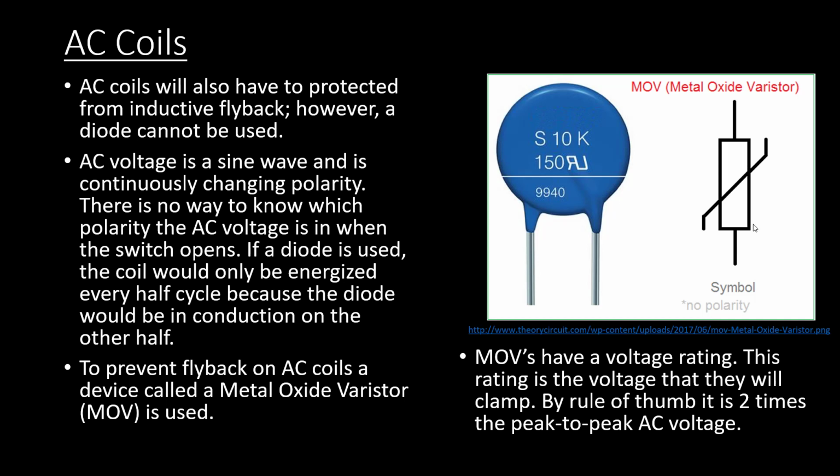So an MOV can be used on AC coils, and again, you want to mount them as physically close to that coil as you can possibly get them. So I hope this helped. Every single inductive load that's wired to a PLC or to a microcontroller that has digital outputs on it that control inductive loads should have flyback protection on it.